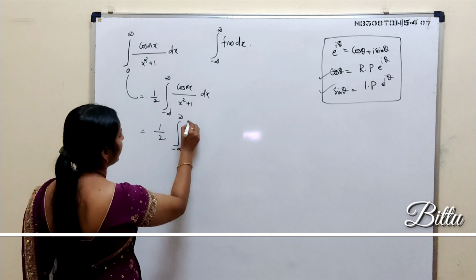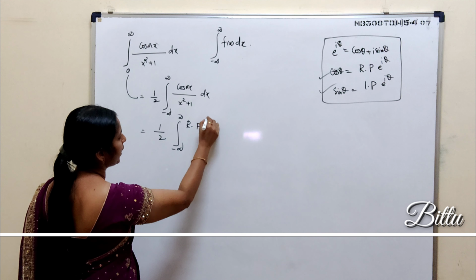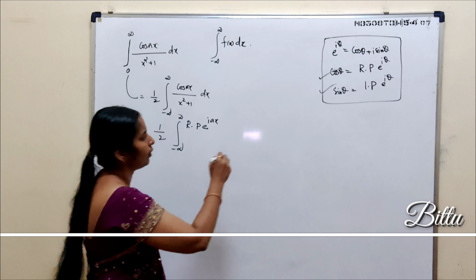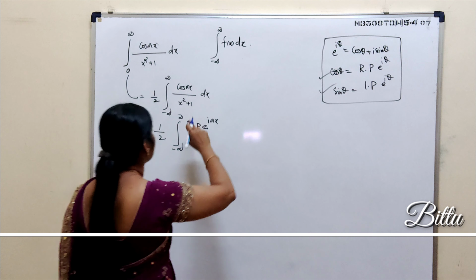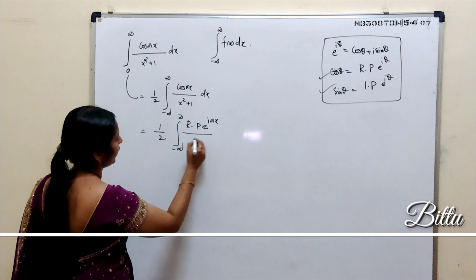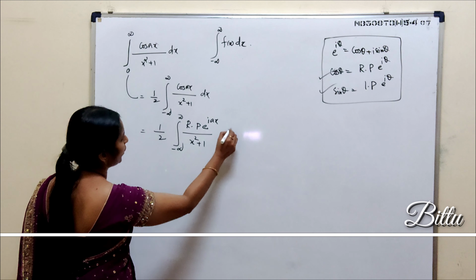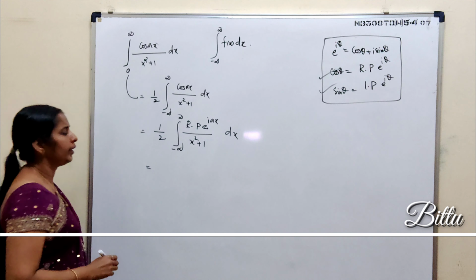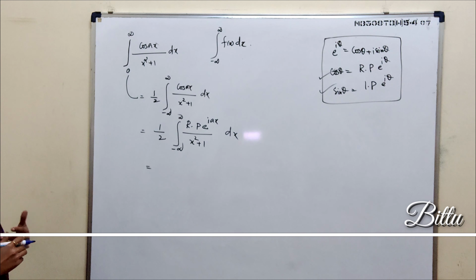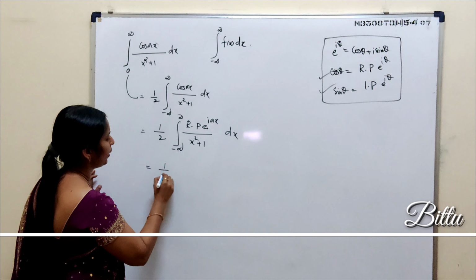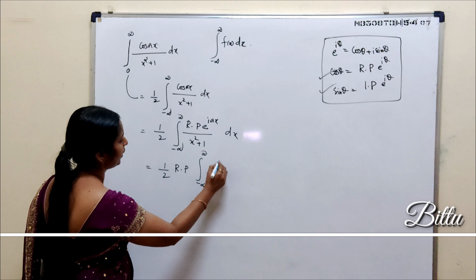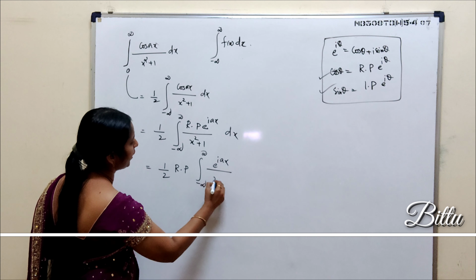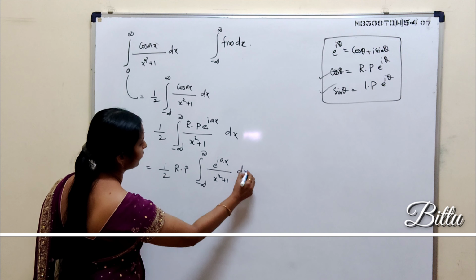It is the real part of e raised to i ax, since cos theta is the real part of e raised to i theta. Here you have to take the real part after the calculation of the integral. So it is 1 by 2 real part of the integral from minus infinity to infinity of e raised to i ax by x square plus 1 dx.